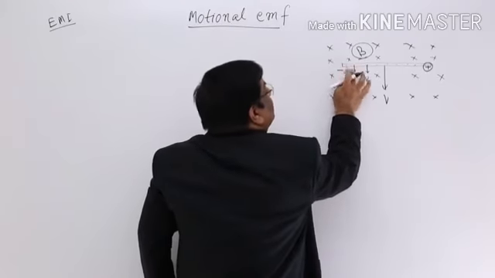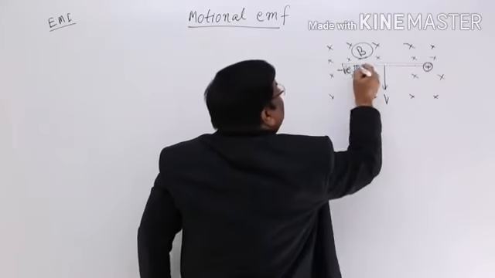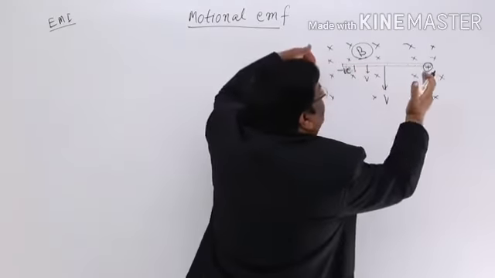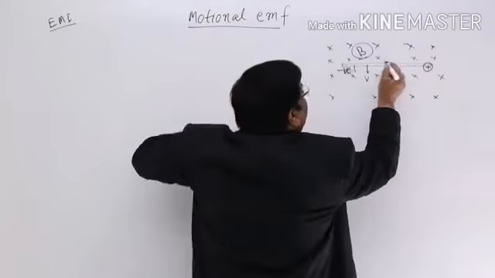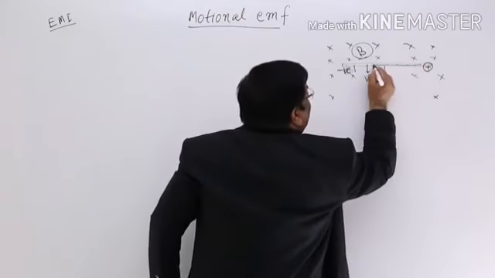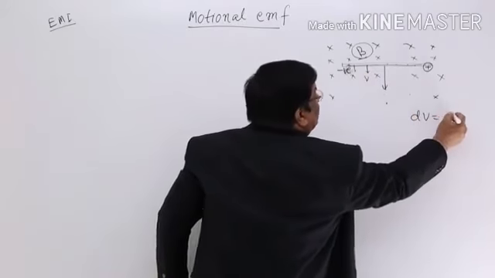You see, here negative charges, here positive charges assembled. So there is a difference of the charges, positive here, negative here, and that creates an electric field and that creates the potential difference.